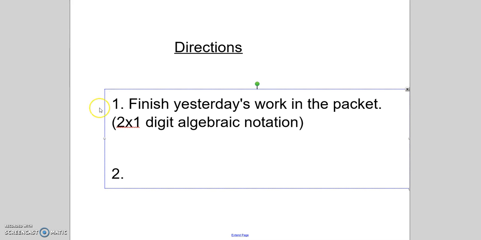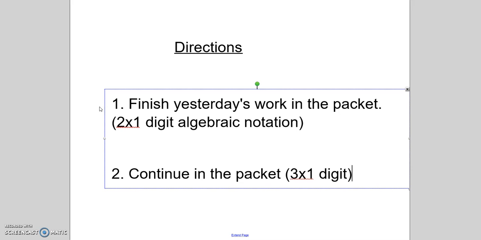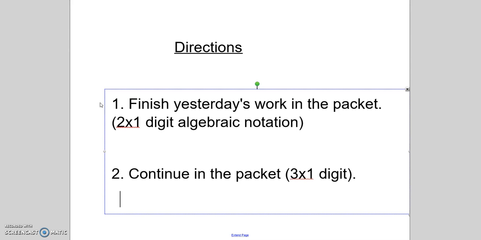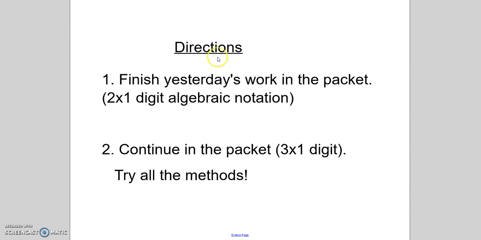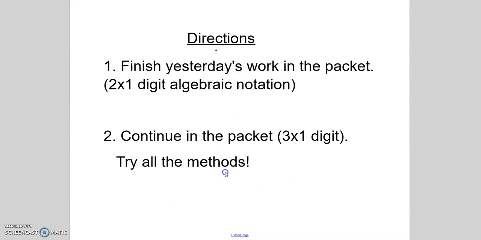In the packet after that work is continue in the packet with 3 by 1 digit, okay? And I want you to try all the methods, okay? There's one where it tells you which ones to try, but try all the methods, okay?